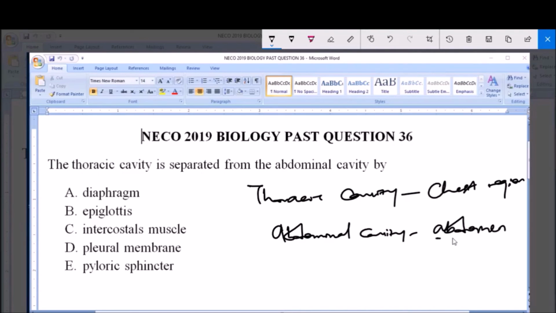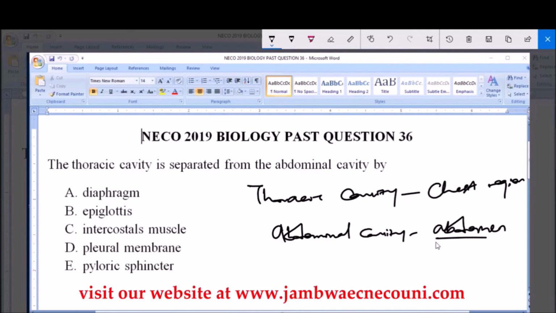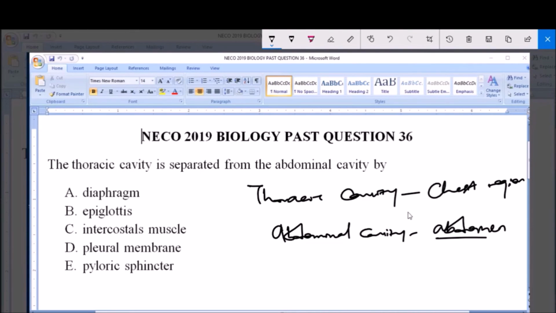That's the place or the parts containing our viscerals, that is the stomach, the liver, your intestine. That is the abdominal cavity. Now this thoracic cavity contains the heart and the lungs, but it is separated from this abdominal cavity by a muscle. It is separated by a muscle known as the diaphragm.